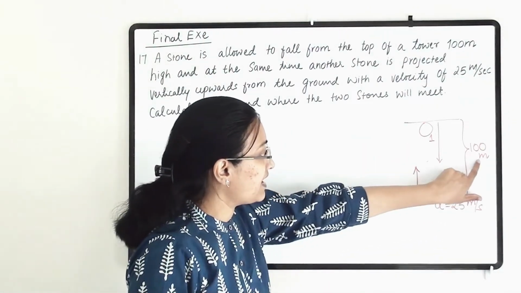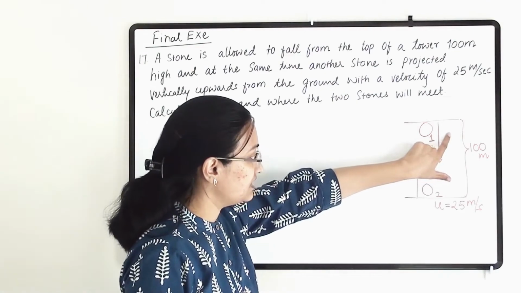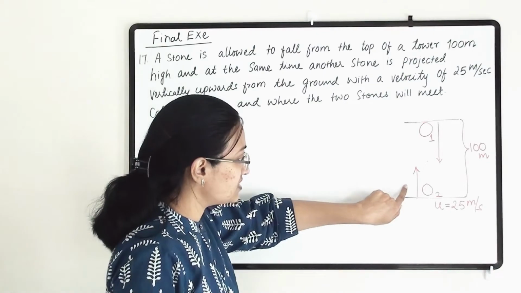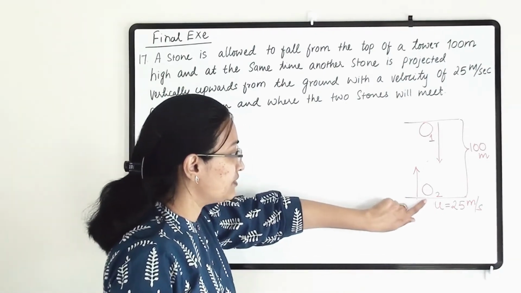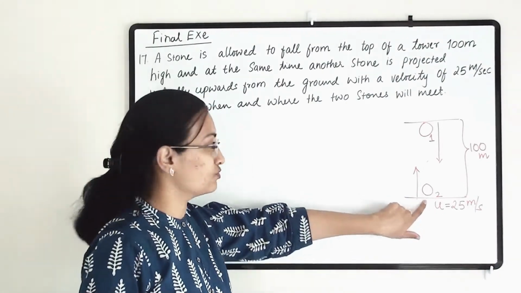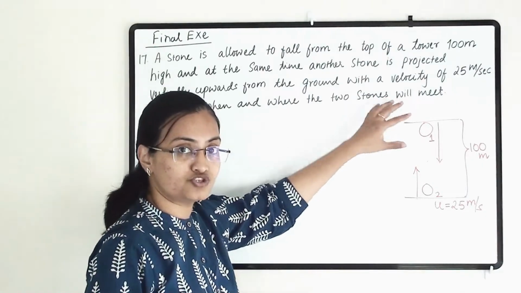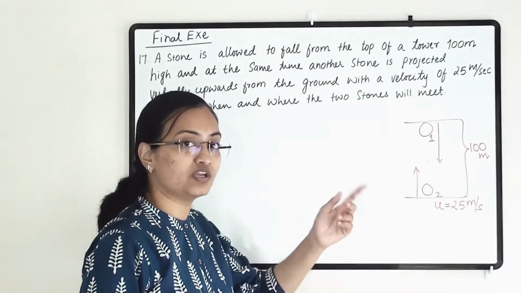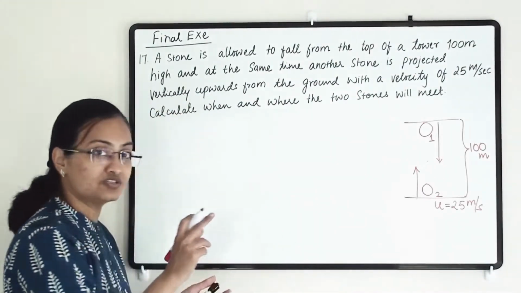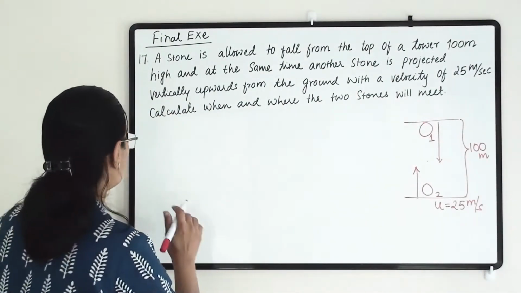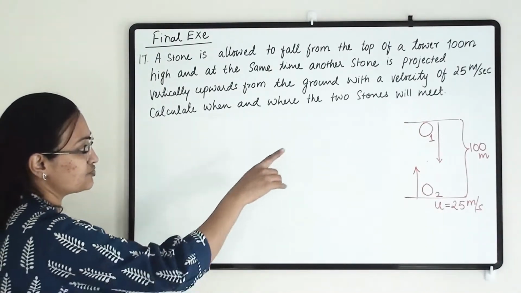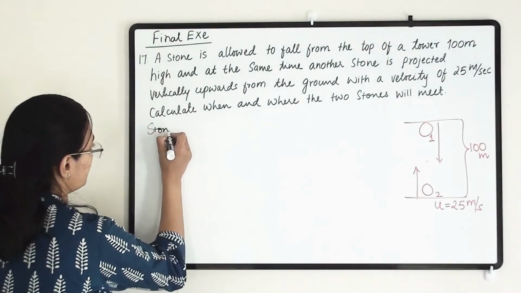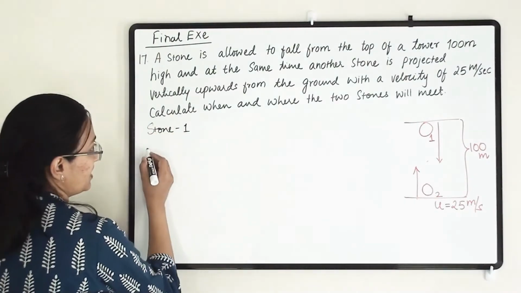The only thing we have is the 100 meter distance, that they are going to meet somewhere in between this 100 meter distance, and the initial velocity of this second stone. So this is stone 1 which we are dropping from the top, and this is stone 2 which we are throwing upward. So both directions are opposite to each other. Now let us calculate for stone 1.